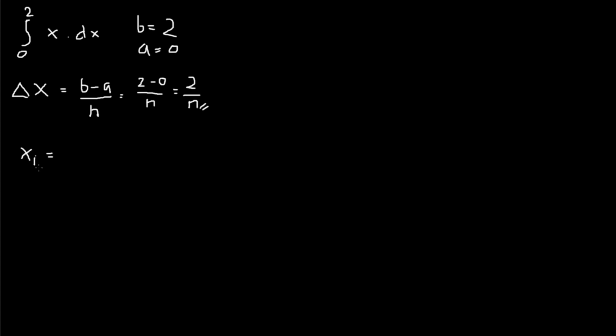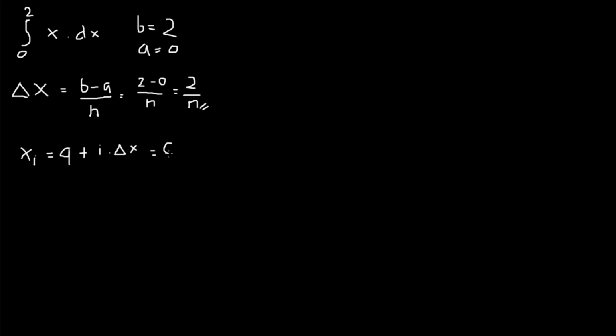But first we are going to find our xi, and the formula for xi is a plus i, which is a general variable, times delta x. We are not going to replace this i with any real number because we are going to replace this later with some sum laws. We now know that our a is 0 and our delta x is 2 per n, so we are going to replace both of these variables with the equivalent amount.